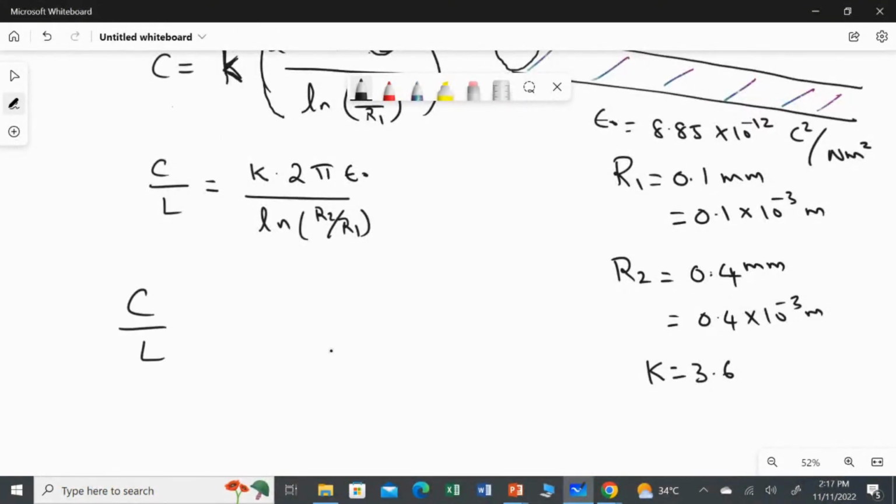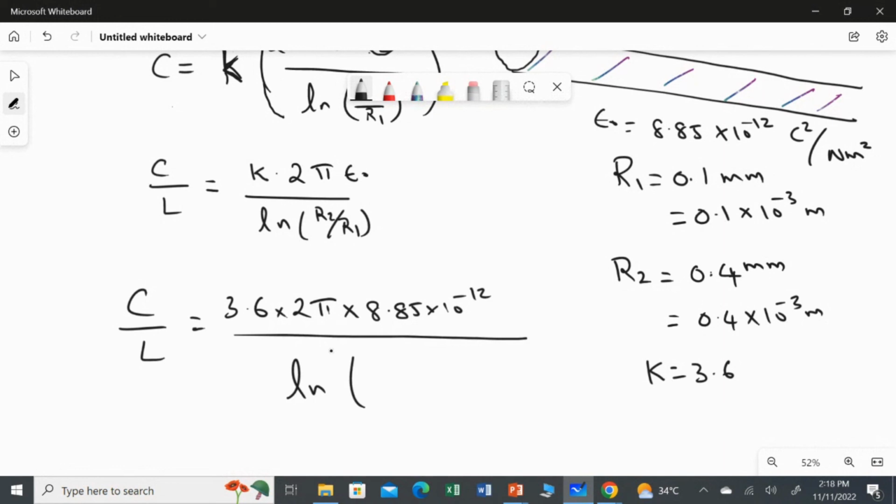So C over L is equal to 3.6 multiplied by 2 pi multiplied by 8.85 multiplied by 10 power minus 12 over the natural log of outer radius over inner radius. What is our outer radius? So 0.4 multiplied by 10 power minus 3 over 0.1 multiplied by 10 power minus 3.